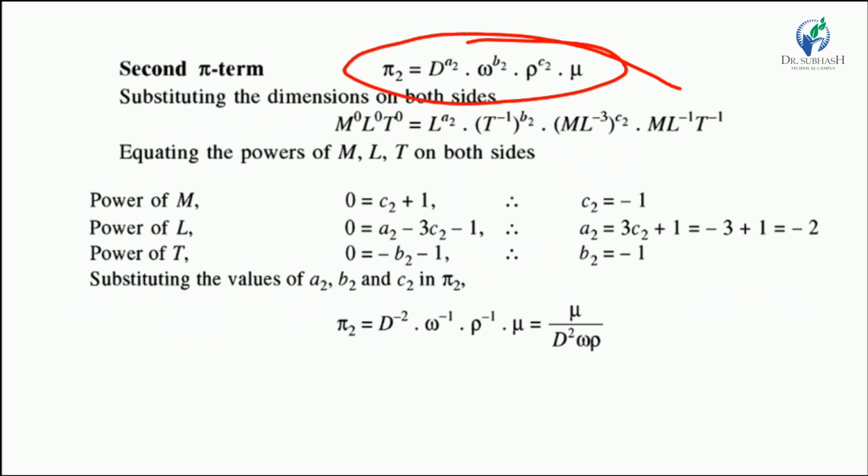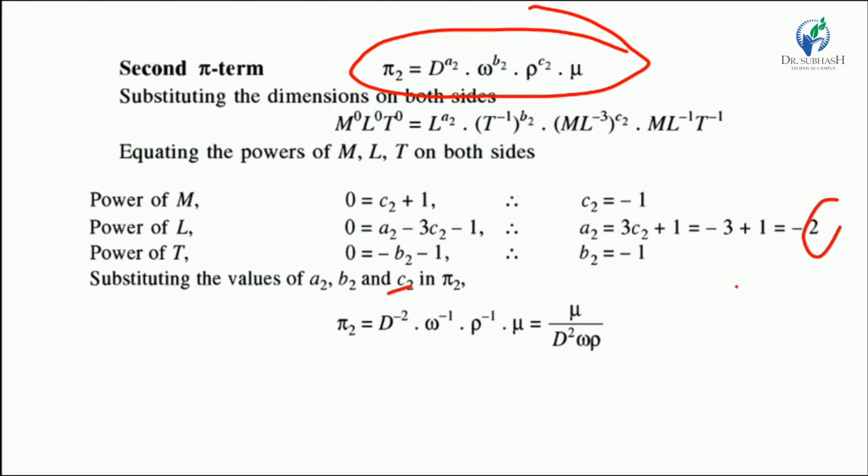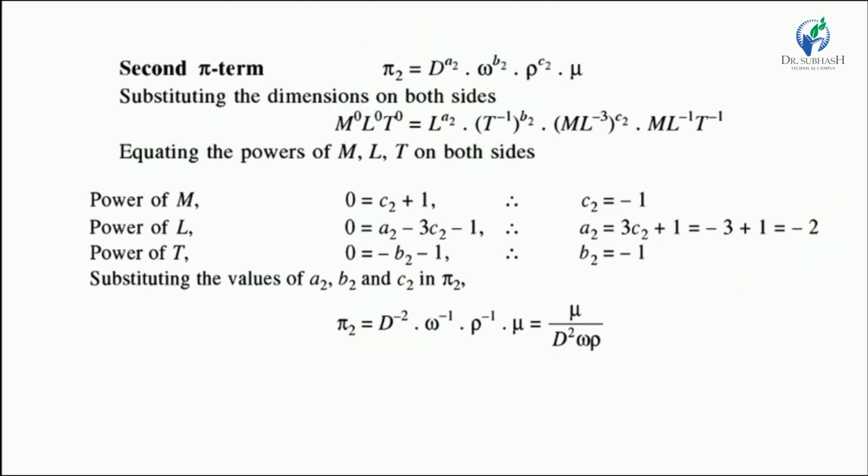Now solve the second pi term. Write all the variables in the form of powers. Now compare the powers of M, L and T on both sides, and put the values of A2, B2, C2 in this pi term. D has power A2, and the A2 value is minus 2, so D has power minus 2.